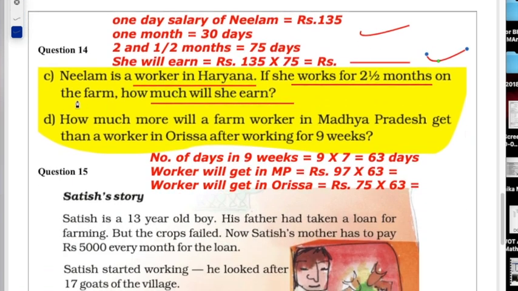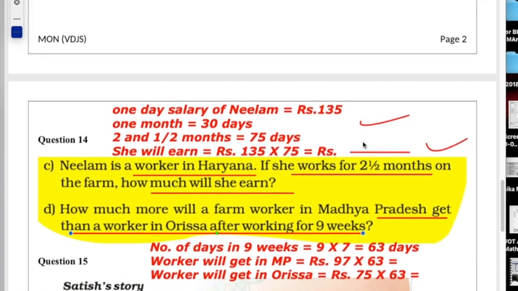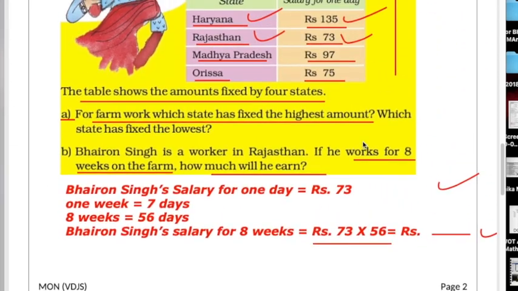Now the D part. How much more will a farm worker in Madhya Pradesh get than a worker in Odisha after working for 9 weeks? The salary for one day in Madhya Pradesh is rupees 97, and in Odisha it is rupees 75.